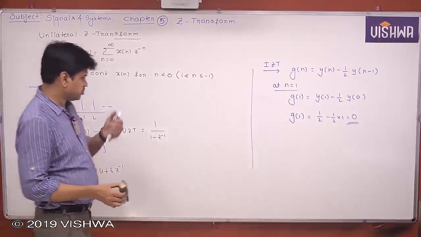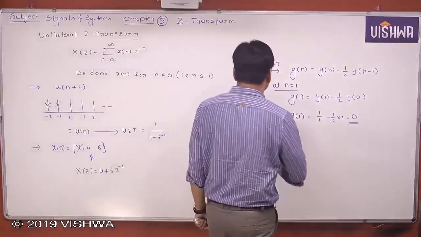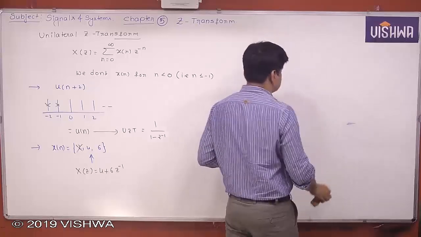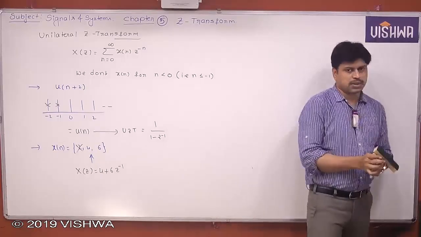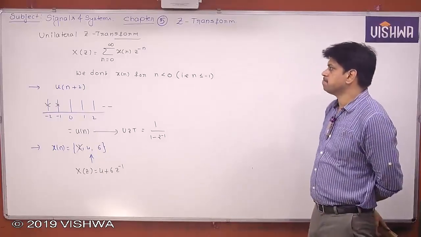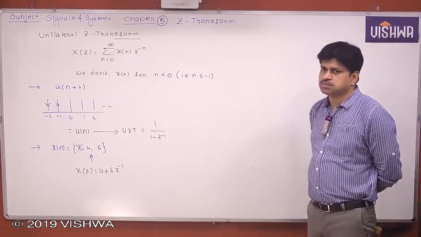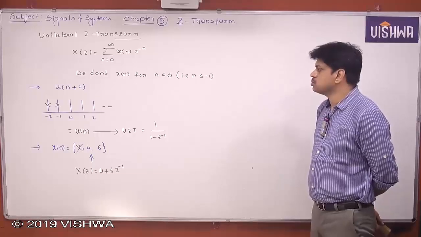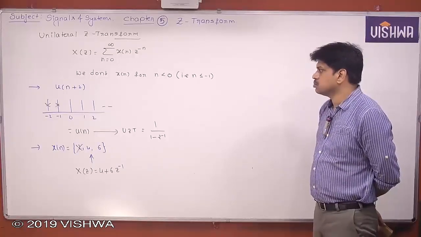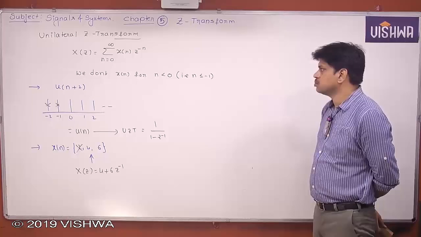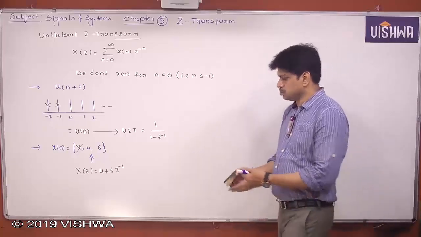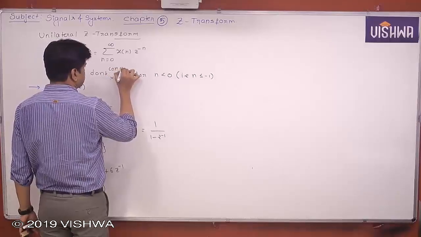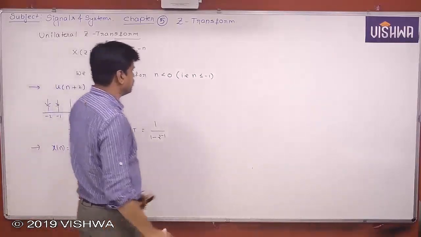Take it. We don't consider x of n for n less than 0.